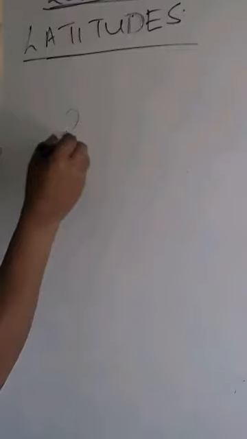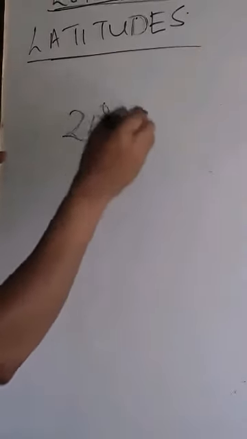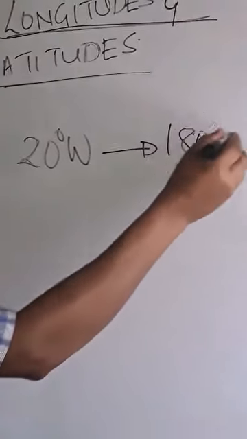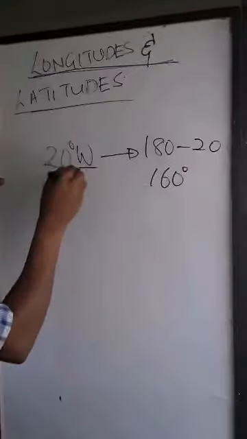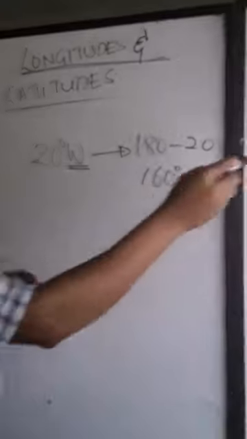If it was 20 degrees west, on the other side it becomes 180 minus 20, which is 160 degrees. Now, if it was west on this side, it becomes east. So it is important to know how longitudes change once they continue over the poles.